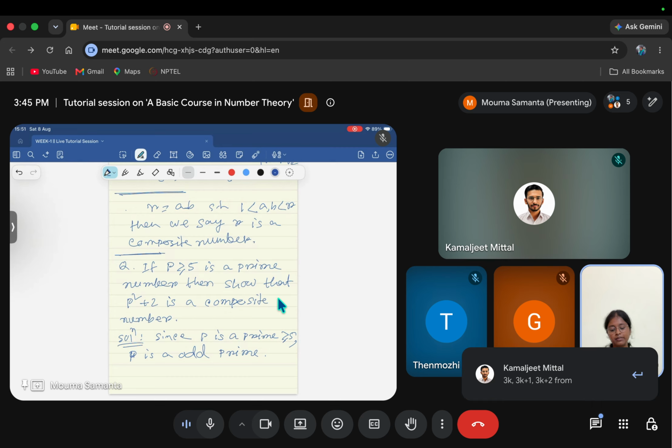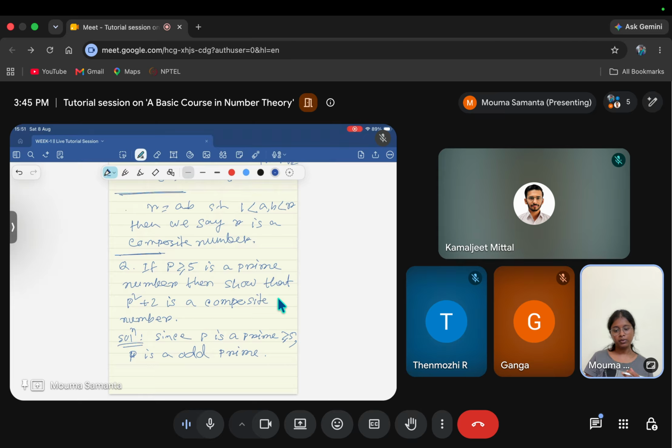Yes Kamaljeet, you are right, that is the question I was asking. p will have the form either 3k or 3k plus 1 or 3k plus 2.